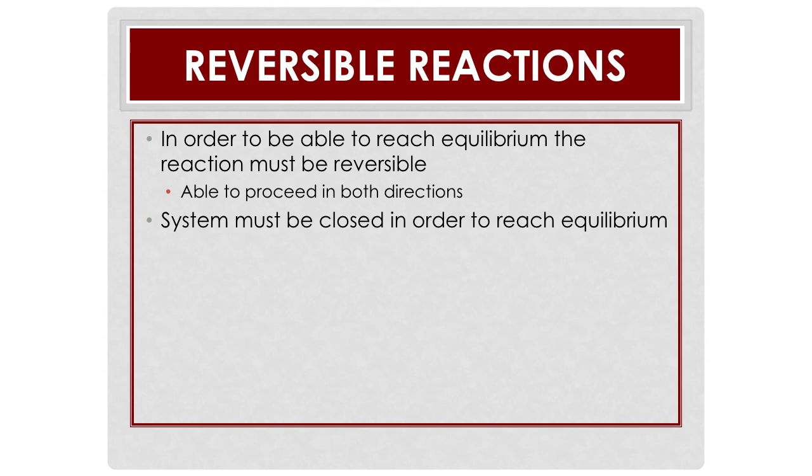And technically, in order to do that, it has to be a closed system so that you are not introducing new things or losing substances. Like if you had a gas and it wasn't in a closed system, then you would be losing your gas molecules. So it's got to be able to proceed in both directions and has to be a closed system in order to be able to reach equilibrium.